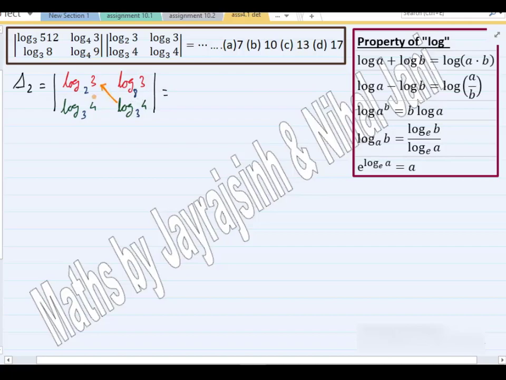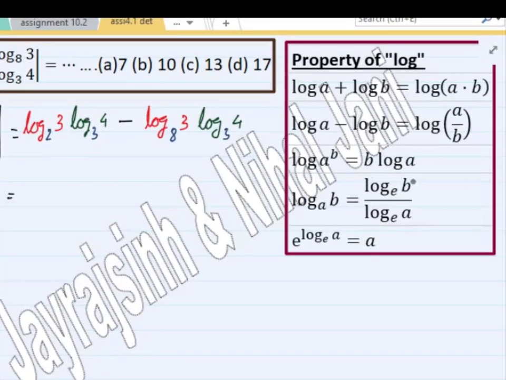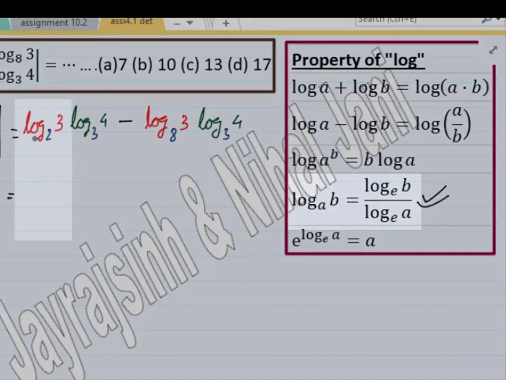Log 4 base 3 will multiply with log 3 base 2. Then minus log 4 base 3 will multiply with log 3 base 8. Right? Now, to get the proper answer, we have to use the properties of log. First of all, we are going to use the fourth property. Log 3 base 2 can be rewritten as log 3 upon log 2. Both have base e, so no need to write it down. Okay.